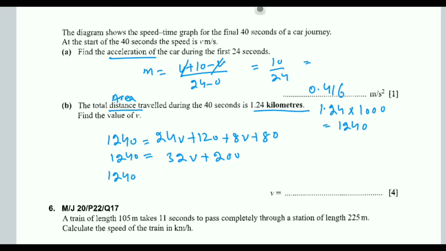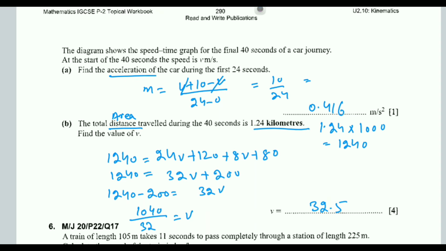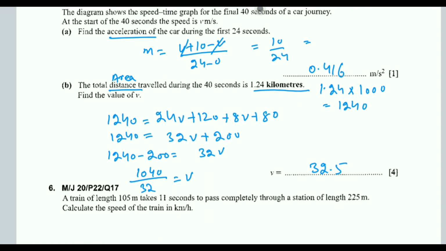So 1240 minus 200 is equal to 32V, and 1240 minus 200 is 1040. 1040 over 32 is equal to V. So V will be 32.5, because we don't know the value of V, so we have to find the value of V in this part.